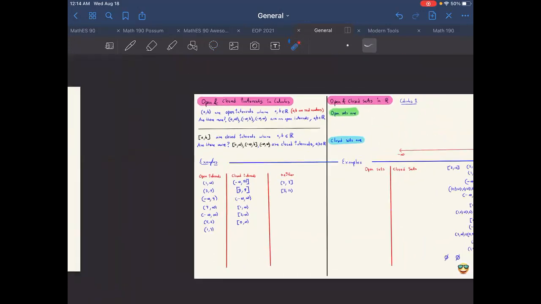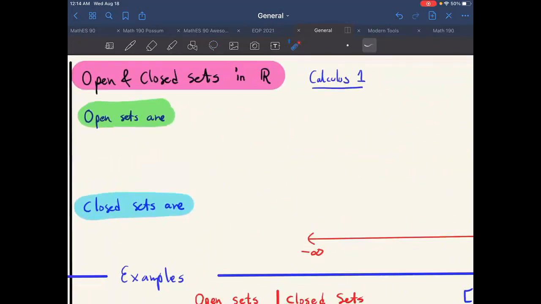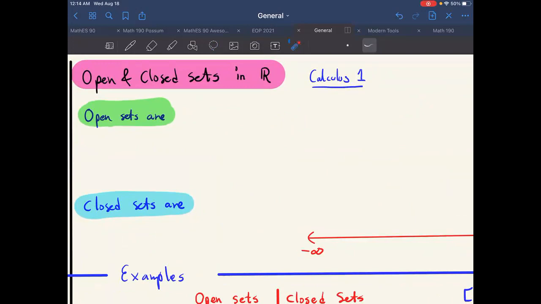So let's move into now open and closed sets in the real numbers in the calculus setting. What are the open sets? Let me tell you very simply that the definition for the open sets is the following. Open sets are unions of open intervals. What do you mean unions, Professor?